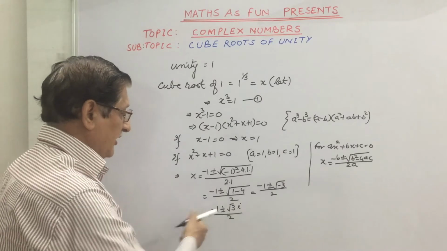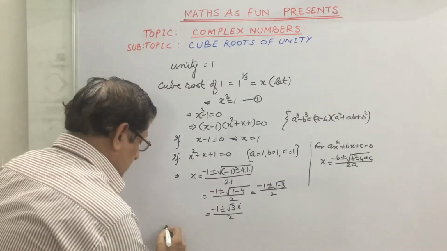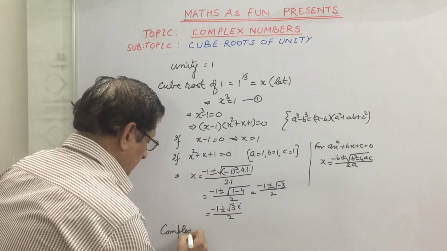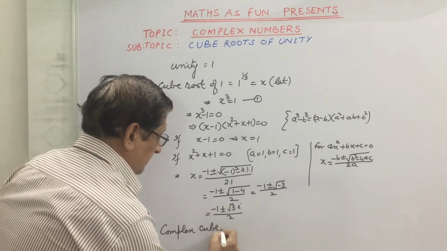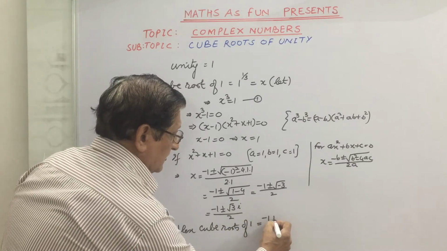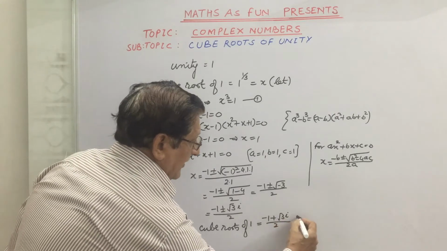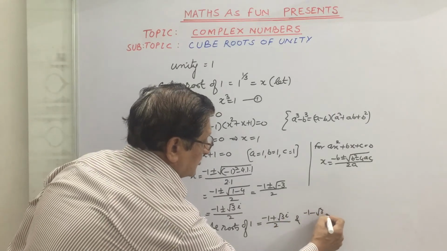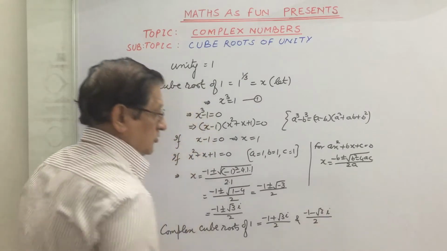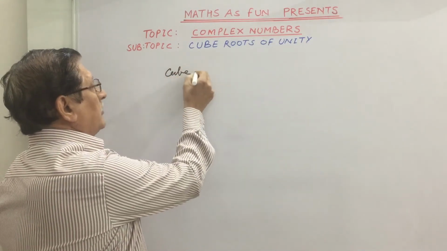This gives us two values. It means we are getting the complex cube roots of 1. They are minus 1 plus root 3 iota upon 2 and minus 1 minus root 3 iota upon 2. We have got three cube roots of 1.